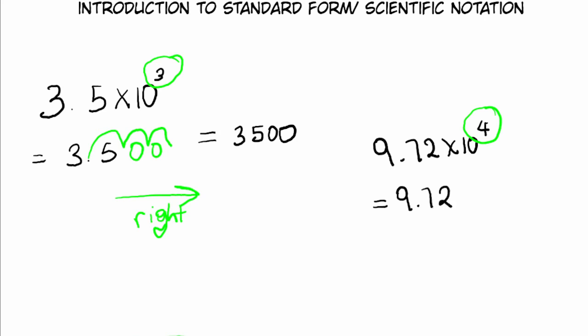Let's go. 1, 2, 3, 4. Then we fill the empty spaces with zeros, giving us an answer of 97,200. Let's look at 2 more.